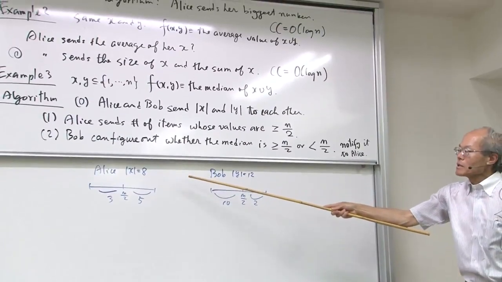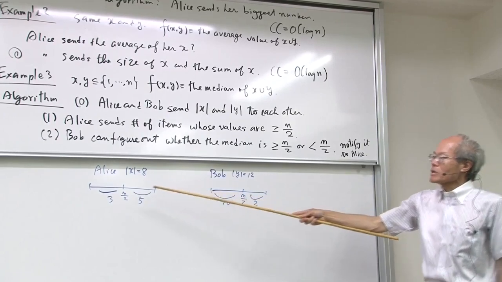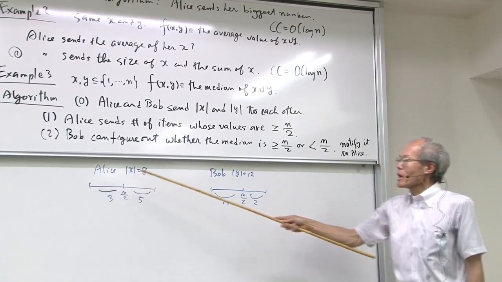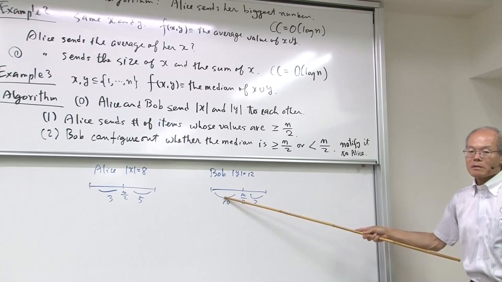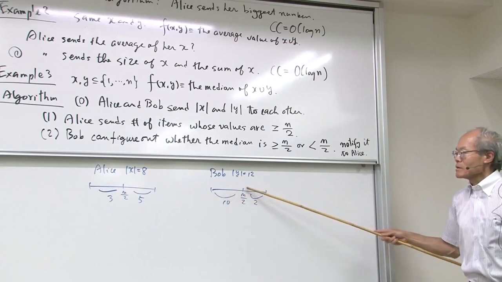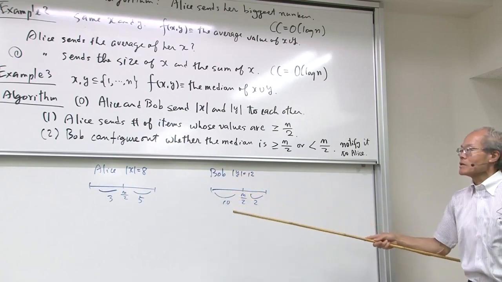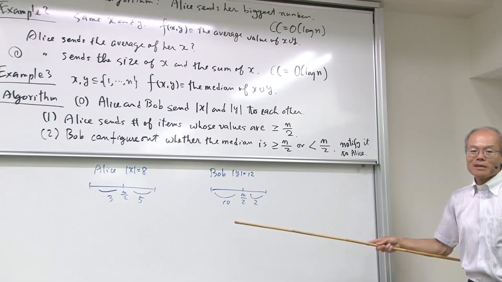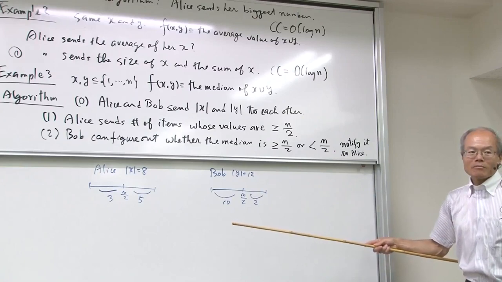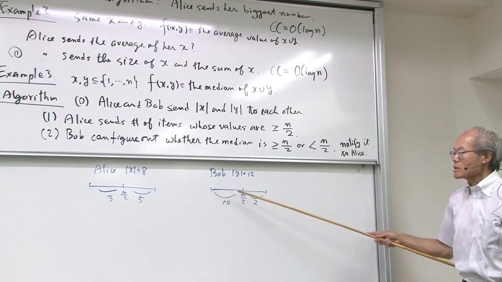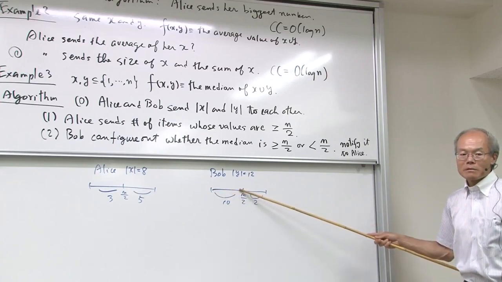That means Alice has 3 numbers in this side, and Bob has 10 numbers this side. The total number in the first side is 13. Okay? That means Bob can figure out that the median is in the first side, right?